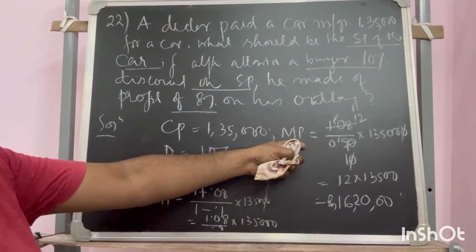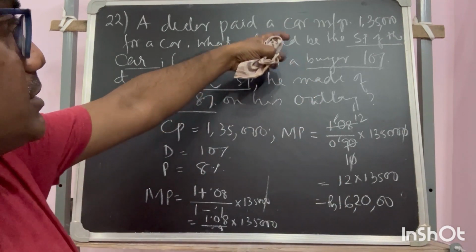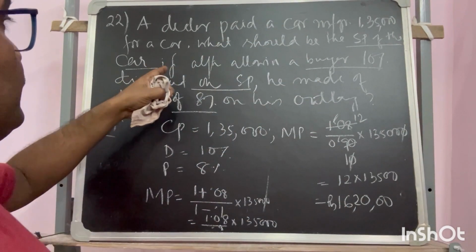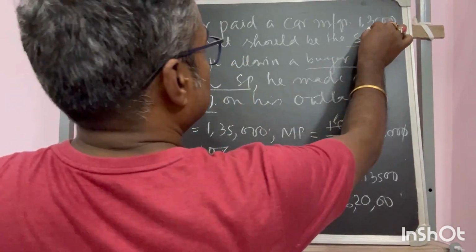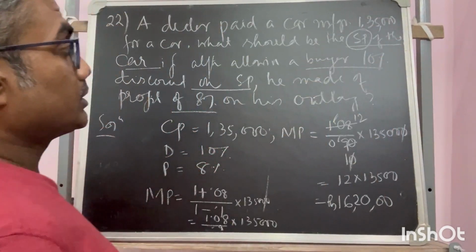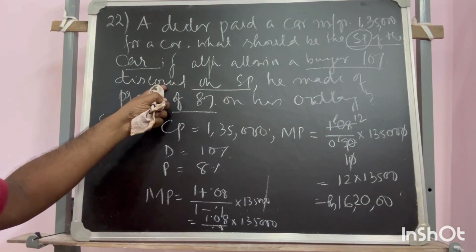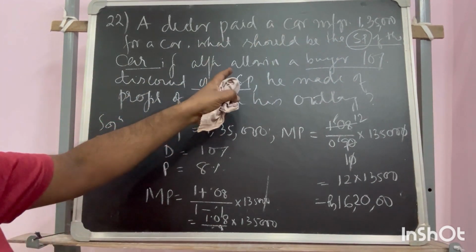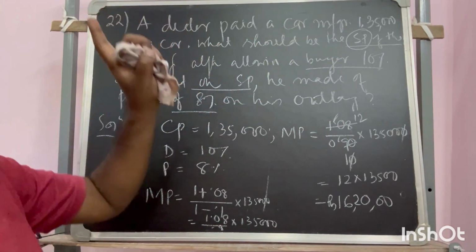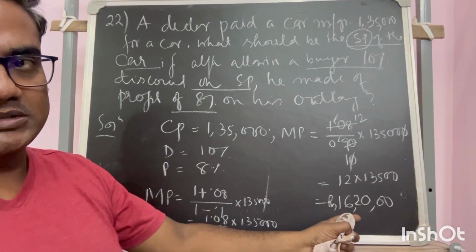So this actually will be the market price at which he has decided to sell. So what should be the selling price? This selling price is the marked price on which he is giving discount. That means he is not selling at this marked price.